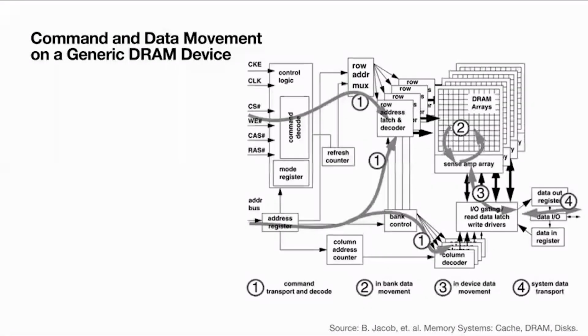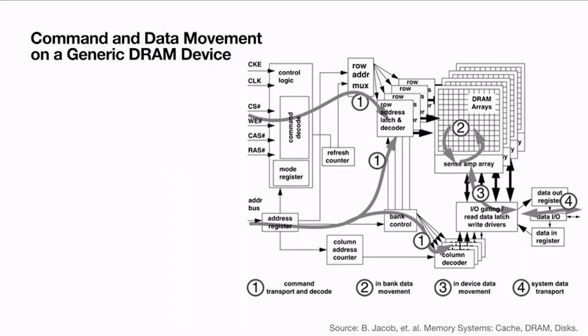Because we have converted the memory requests into memory commands, now we'll see how this entire processing happens inside the DRAM array. When there is a load request, we give an address. The address will go to the address register.